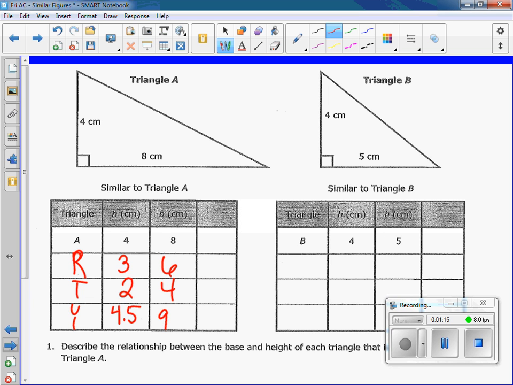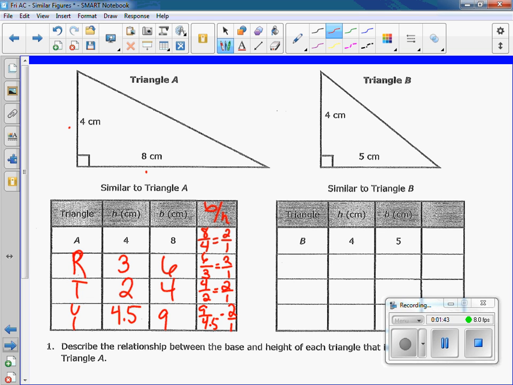Well, I looked at the ratio between the base and the height. That's going to give me 2 over 1. If it's similar, then the ratio between the base and the height on the next one should be the same. So I'm doing base over height, base over height. On each of these, they all get a 2 over 1 ratio.